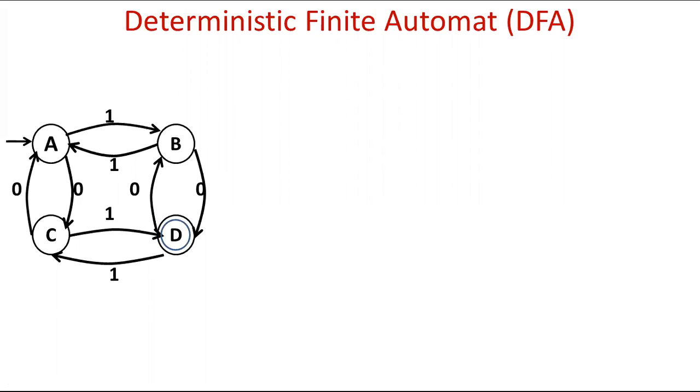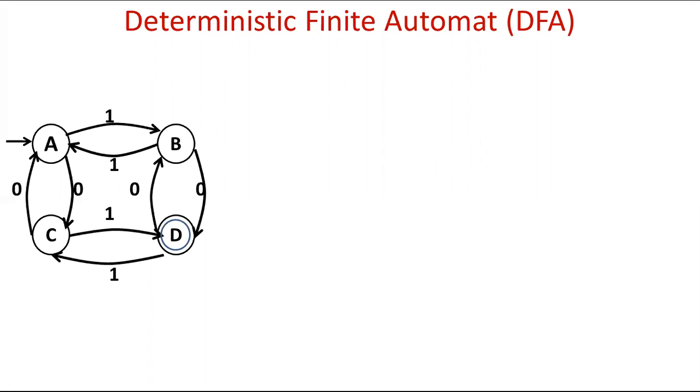Can anyone say what these are? We have some circles, we have some edges with arrows pointing here and there, and we can see some labels like 1, 1, 0, 0, 0, 0, 0, 1, and so on. So what are all these? Let us understand one by one.